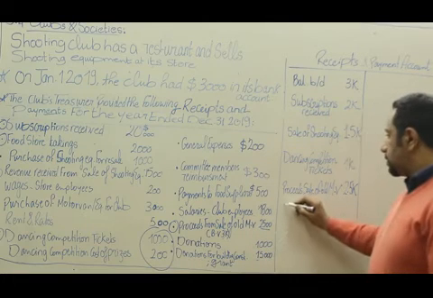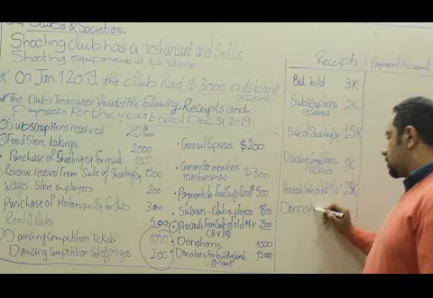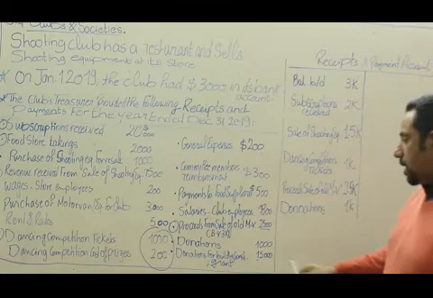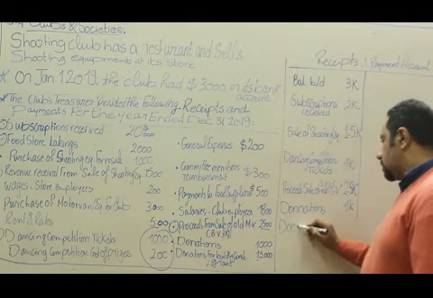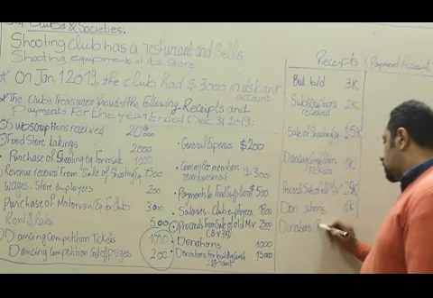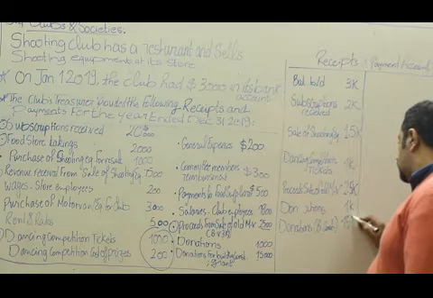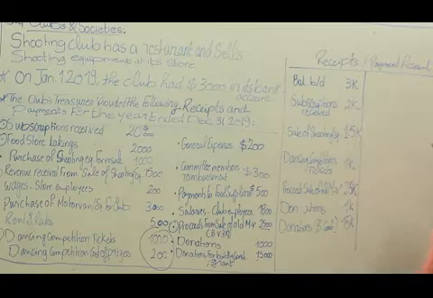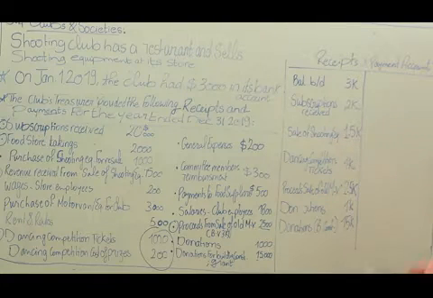We have the donations, and we have the donations for building construction, $15,000. See how simple it is? Those are the receipts. Let's see what about the payments.